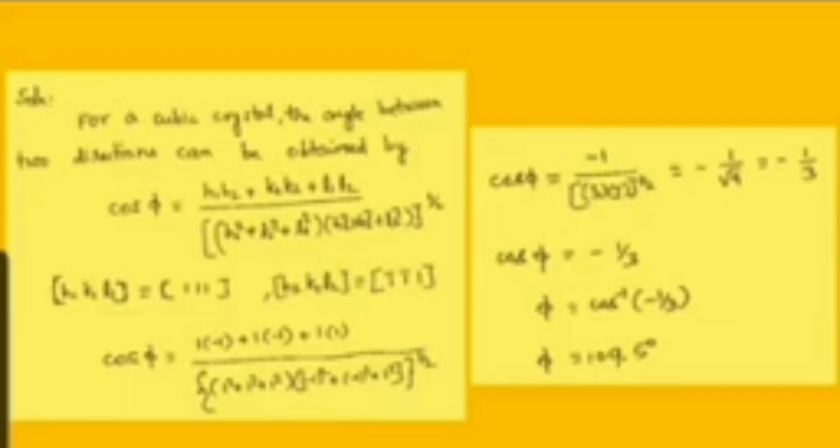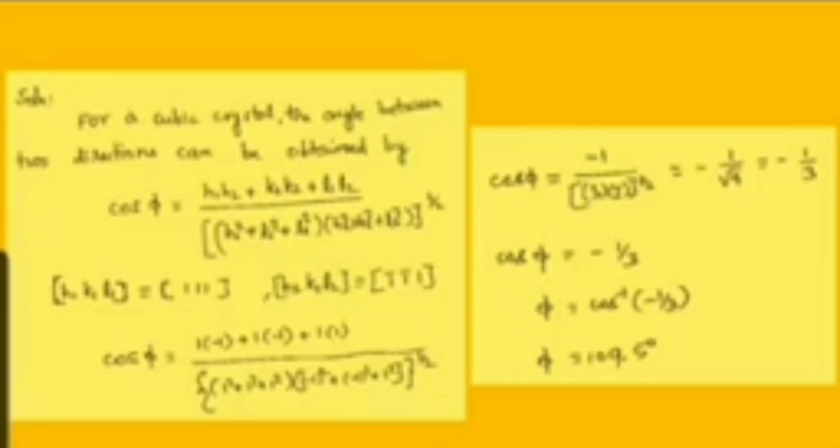This relation helps us calculate the angle between two directions in cubic crystals. If the crystal system is different, then we have to choose the appropriate relation for that particular crystal system. In our case, we need to calculate the angle in a cubic crystal, therefore we are using this relation.